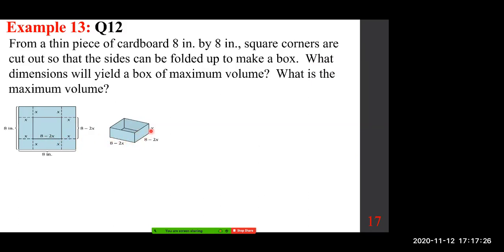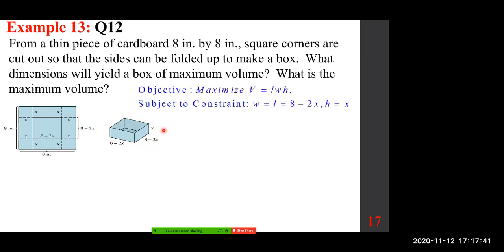So what is the objective? We want to maximize the volume. Remember, the volume is the area of the base, the width times the length times the height, where the width and the length are both 8 minus 2x and the height is x. Replace them.